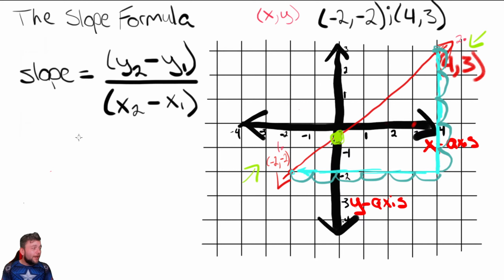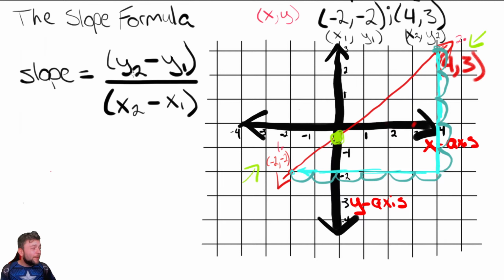So we have our point 2 and our point 1. This second point way up in the top right is x2 and y2. And up here is x1 and y1. So all we have to do is just plug and chug.